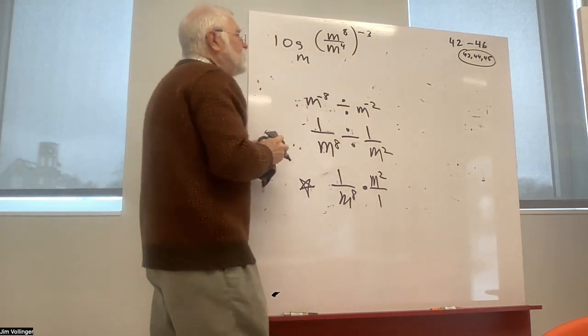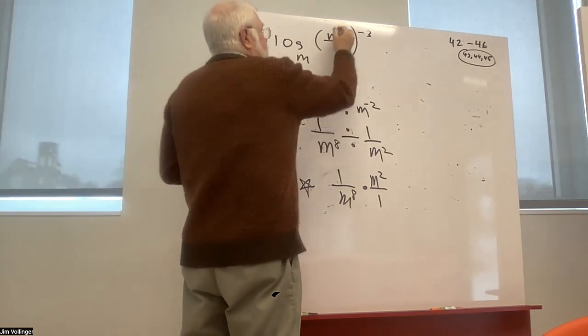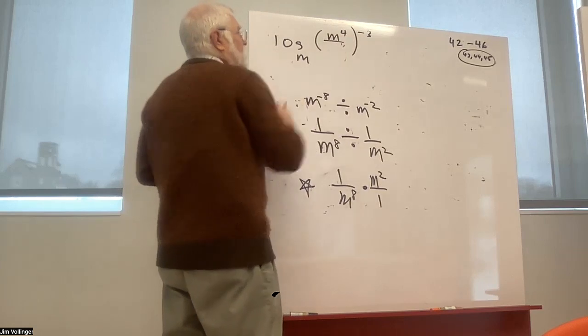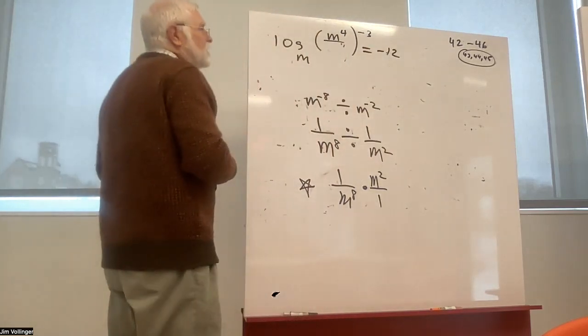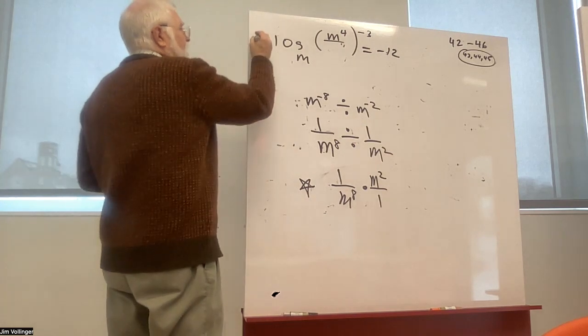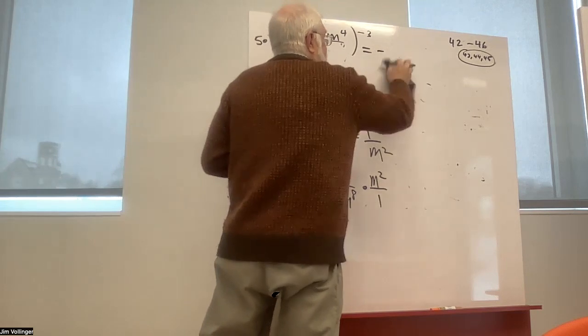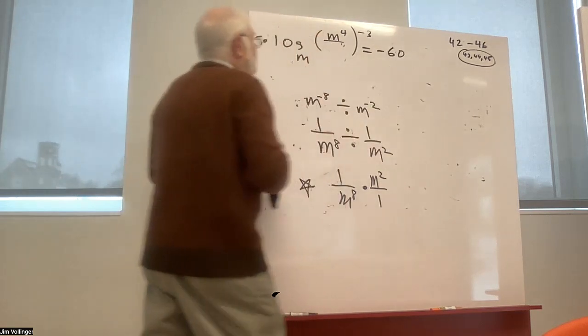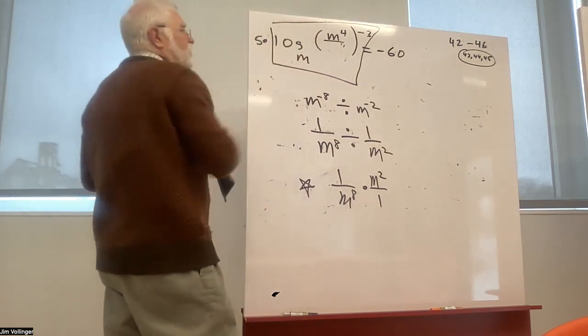There's 4 more m's in the numerator. And that's multiplication, so that's minus 12. Unless, of course, I multiply everything by 5, then it's minus 60, because you would do the logarithm first, and then you do times 5.